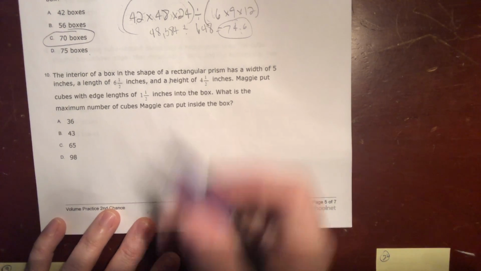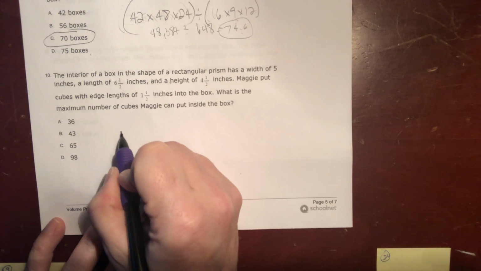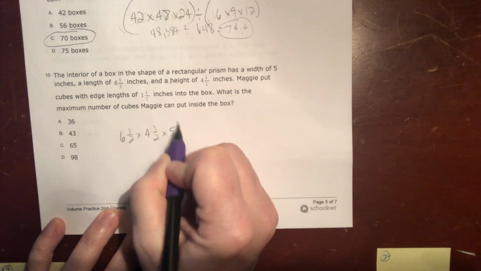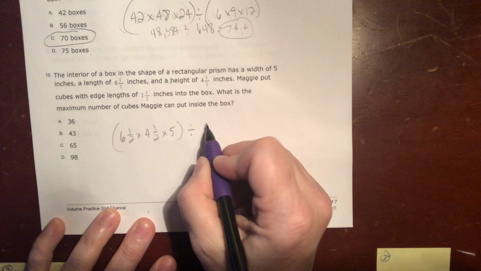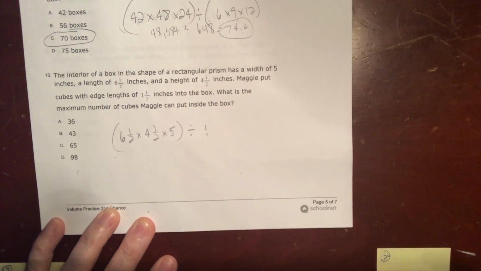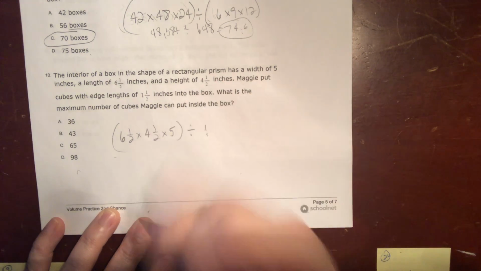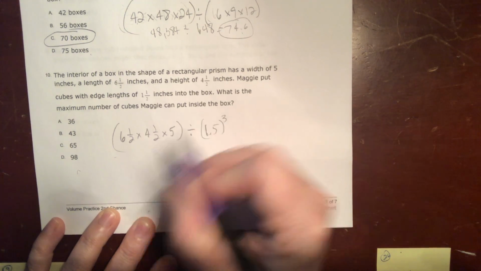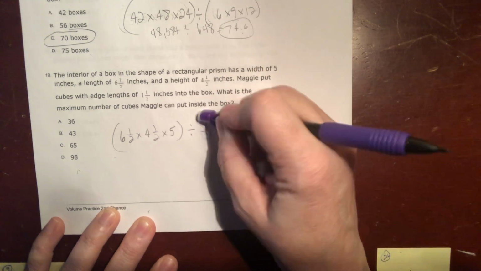Okay, so this is a lot like these other two. So we're going to have 6.5 times 4.5 times 5 divided by 1.5 cubed.